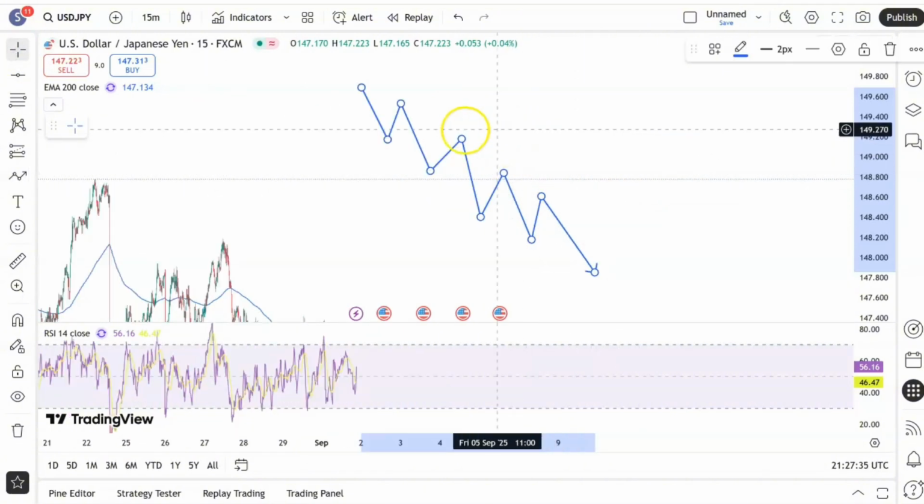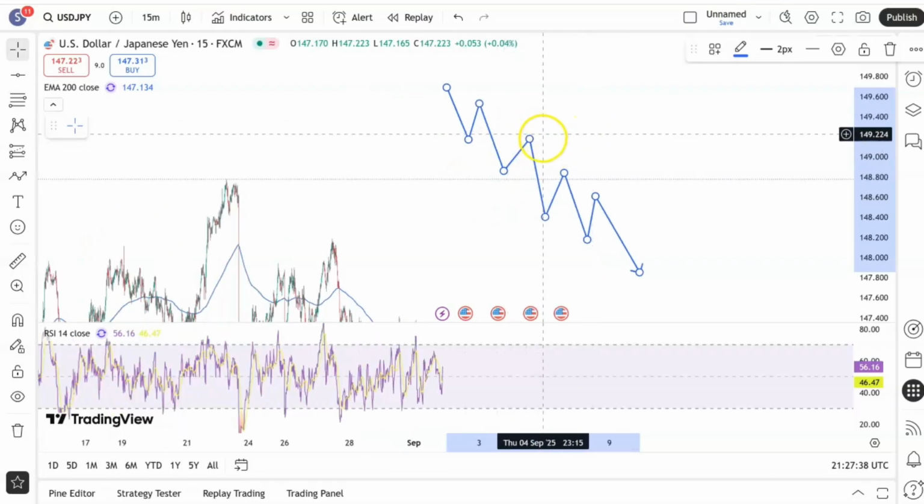Now, just like the uptrend, whenever you have this structure, you want to sell, and you want to look at the higher price.